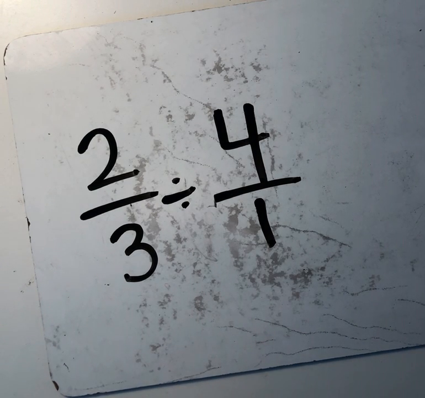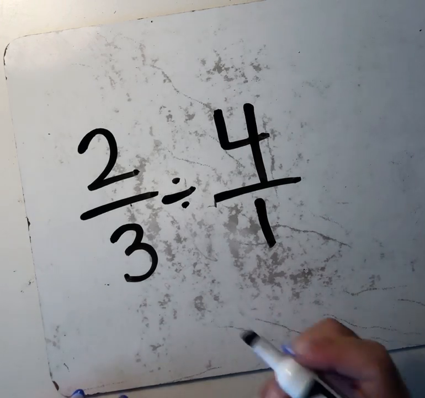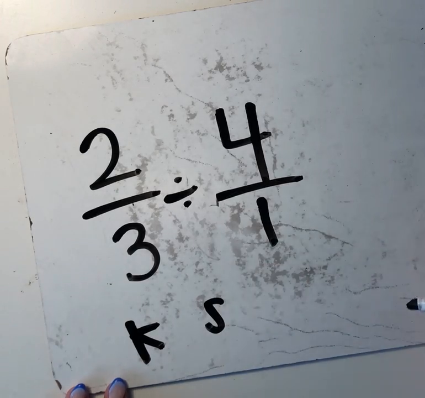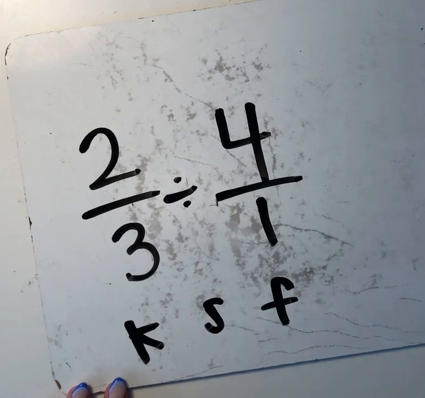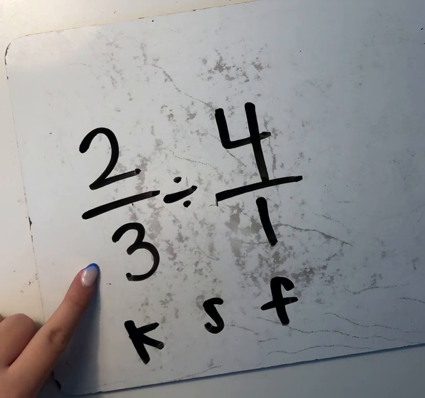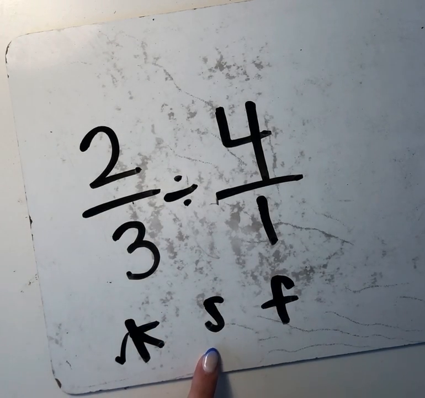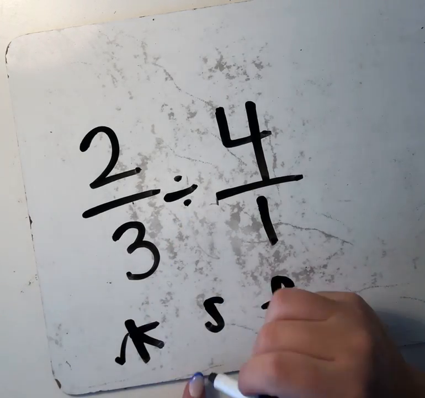Okay, my next step is to keep, switch, and flip. So I'm going to write a K for keep, S for switch, and F for flip. And then I'm going to check it off each time I do it. This fraction I keep. Done. This sign I switch.